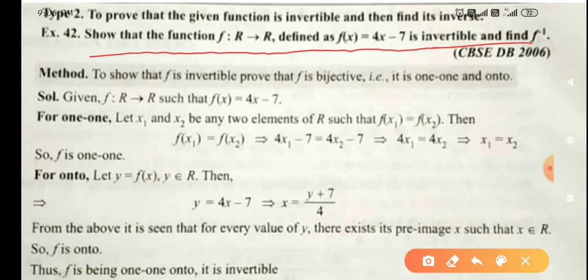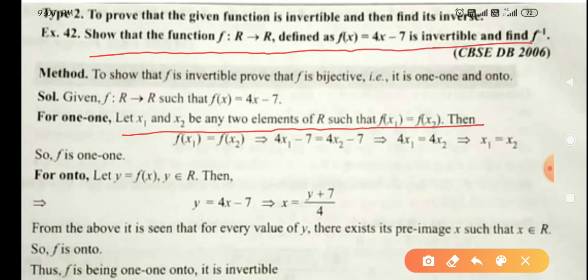You will take two elements from the domain of f such that their images are equal, means x1 and x2. Let x1 and x2 be two elements of R, means from the domain, such that f(x1) equals f(x2), means their images are equal.